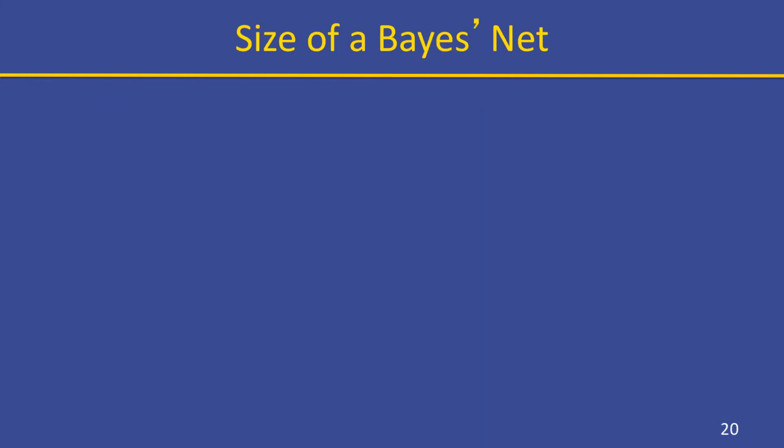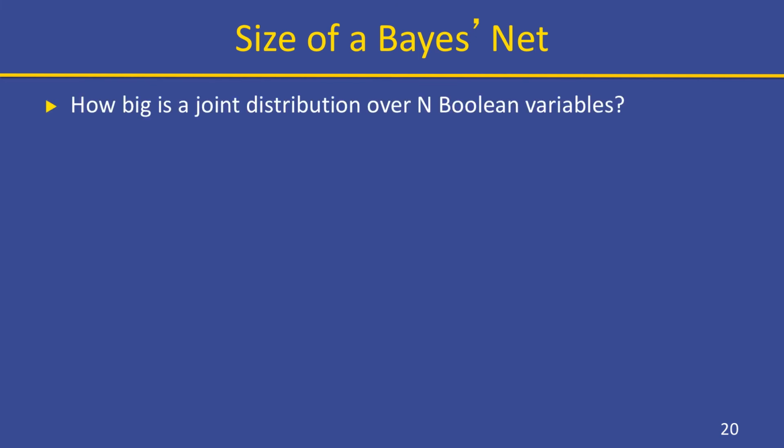So we said that the BayesNet allows us to store joint distributions compactly. How big of a saving are we talking about? Let's take the simplest case where all the random variables are Boolean. If we have n random variables, the joint distribution table for these n variables has 2 to the power n rows in it.